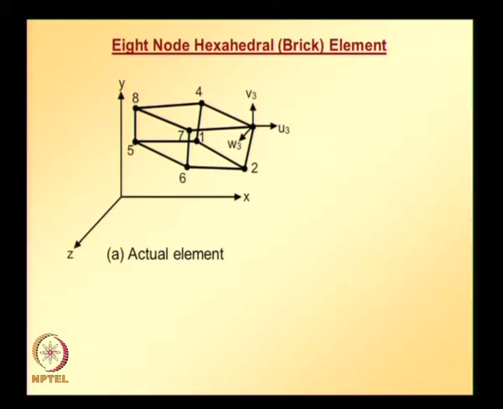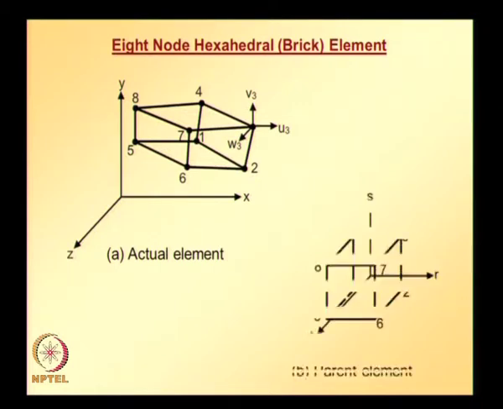This is an 8 node hexahedral element, and similar to what we already did for 4 node tetrahedral element, the element equations can easily be derived by using isoparametric mapping concept, and this actual element we are going to map onto a parent element, which is going to be a cube having dimension 2 by 2 by 2, that is r axis goes from -1 to 1, s axis goes from -1 to 1, t axis goes from -1 to 1.